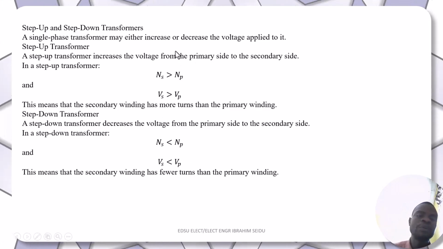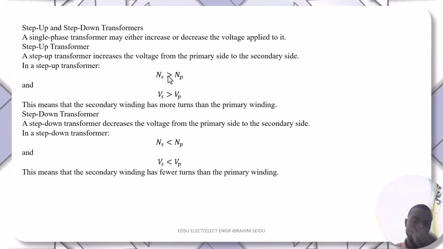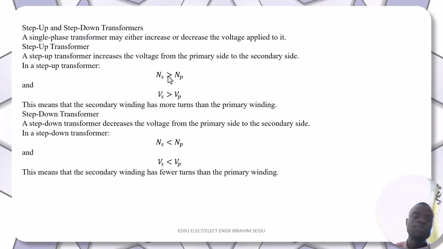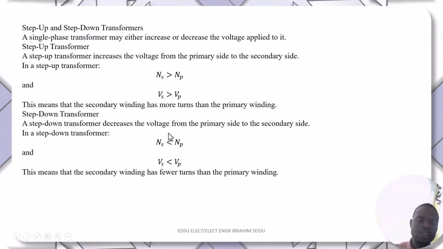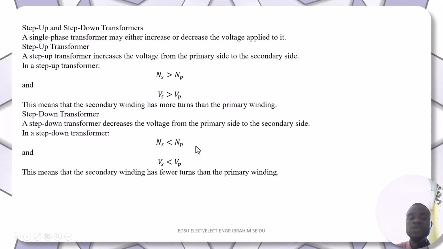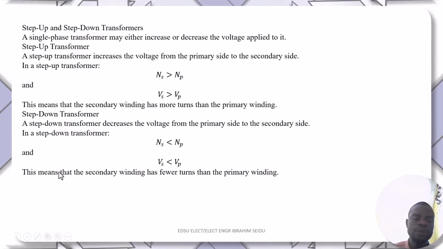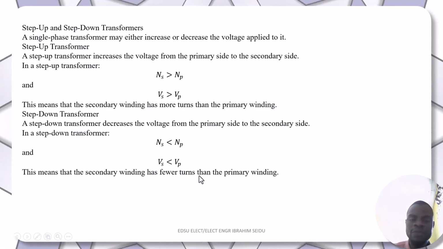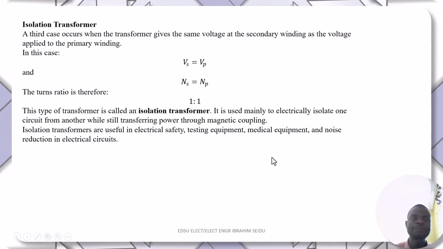While the step-up ones are mainly used before transmission. So you step it up, then transmit it through a very long distance. Then when you get to the consumer's end, you can step it down to what the consumer can actually use. This means that the secondary winding has fewer turns than the primary winding for a step-down transformer.